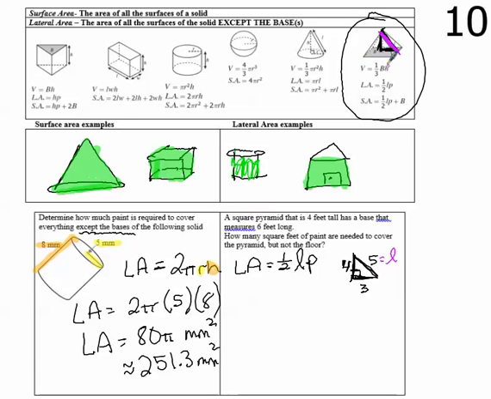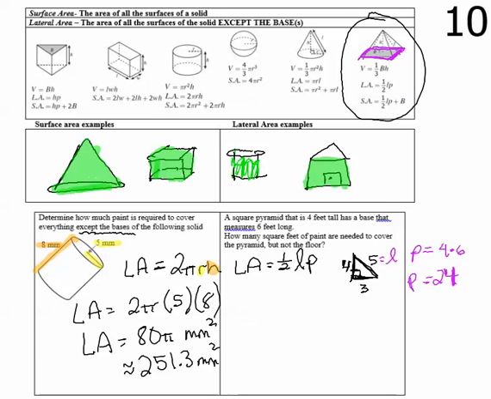It's a square, so we've just got 6 plus 6 plus 6 plus 6, or 4 times 6, whichever one you like. You're going to get 24 feet for that.